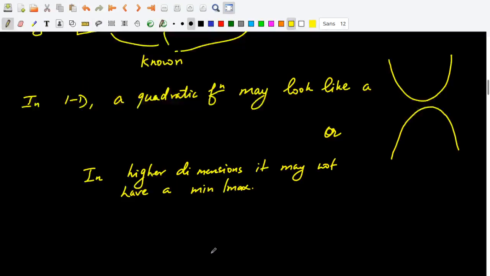Also, it may have saddle points like x1, x2.